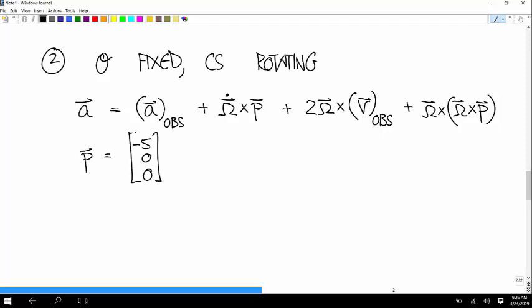What's the angular velocity of the coordinate system? So now we're talking about a capital omega. That is the same as what the rotation of the astronaut was before. They're all sort of a fixed, rigid body together. And this is constant, so omega dot is 0.